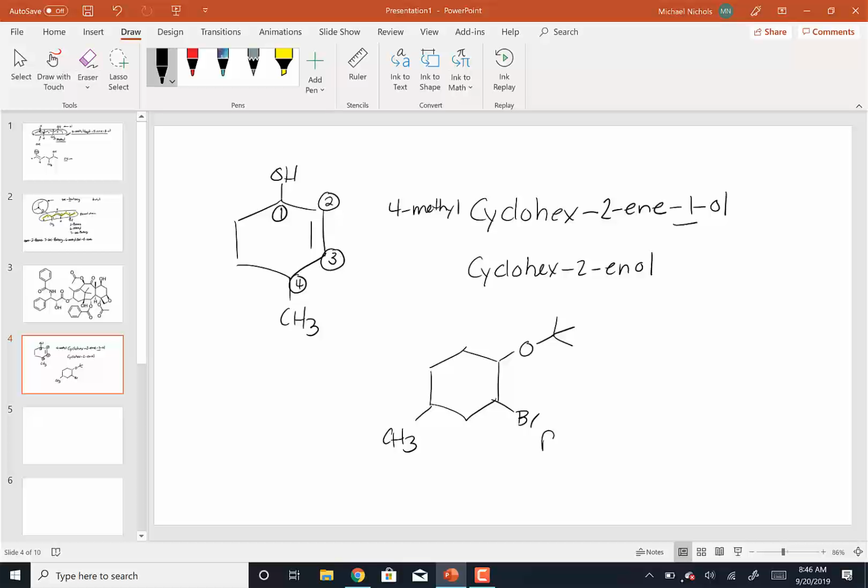So I know this is a bromo. I know this is a methyl. I know this group right here is a... How many total carbons? 4, so at least it's a butoxy group. That'll only get you so far, but at least it got you to butoxy. What kind of butoxy?